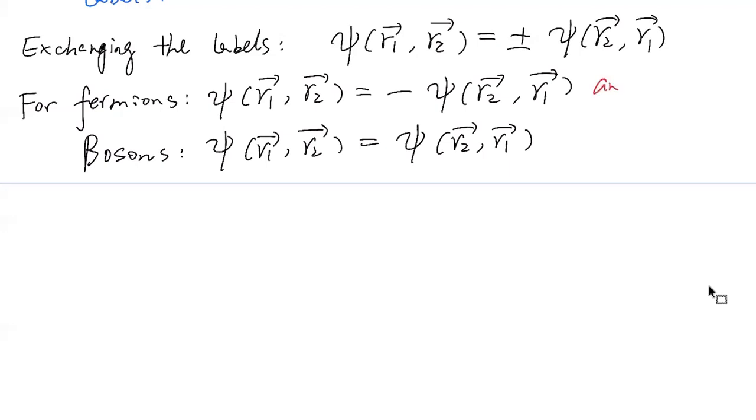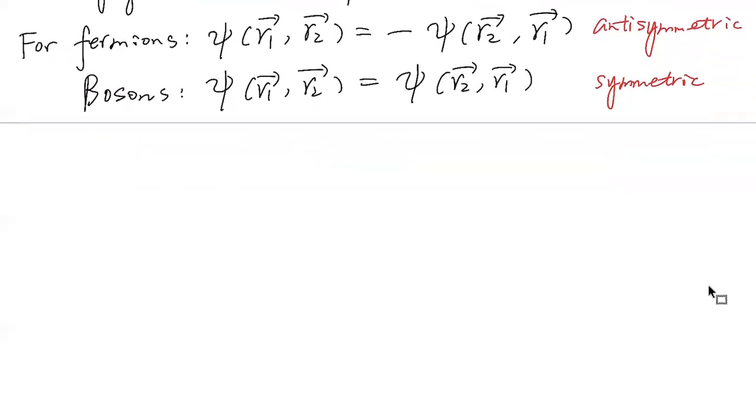This is called antisymmetric, and this is called symmetric. Now, let's just focus on the electrons. Electrons or fermions, they have half-integer spin quantum number, and their wave functions are antisymmetric. Why is that? Because this is consistent with the Pauli exclusion principle.